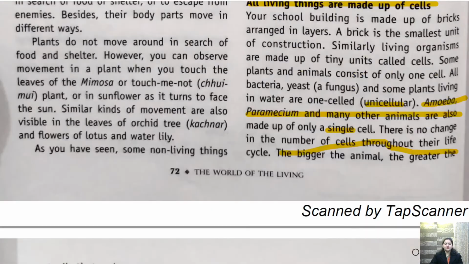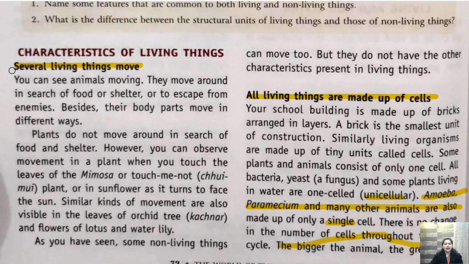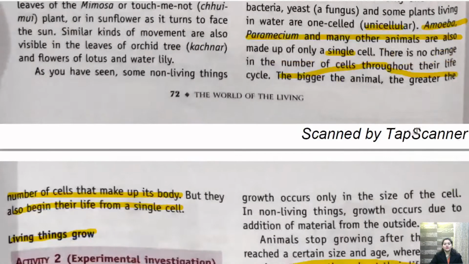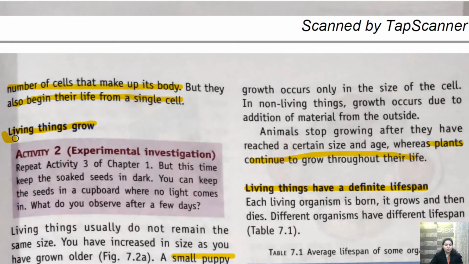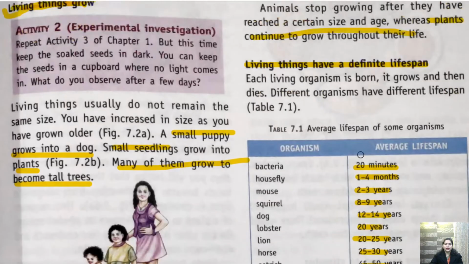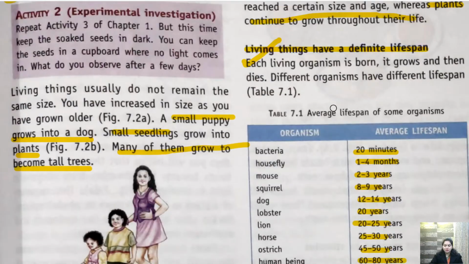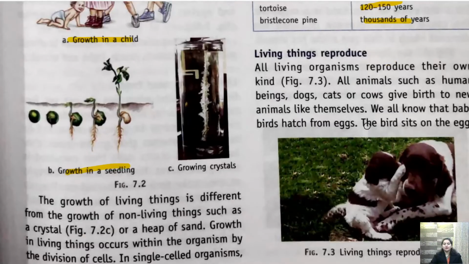so we have seen a few characteristics. First we have seen that several living things move. We have seen that all living things are made up of cells. Then living things grow. Then living things have a definite lifespan. Now coming to the next, living things reproduce. Reproduce मतलब दोबारा प्रोड्यूस कर सकते हैं of their same kind.